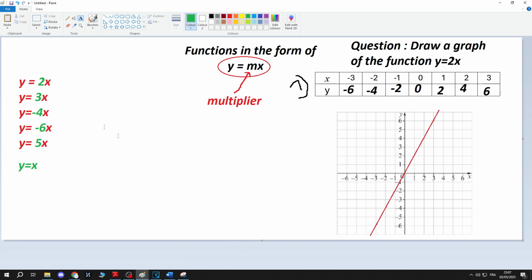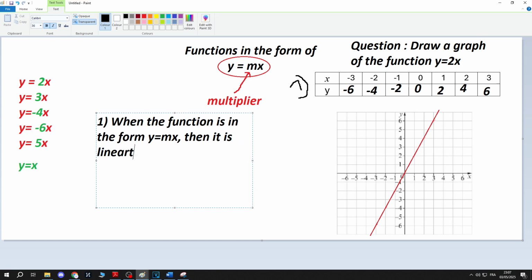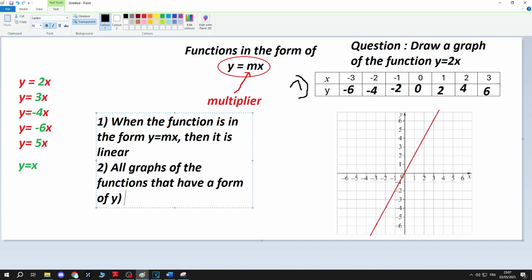So if there are certain things we know about y equals mx, it's these things. Let's start. Number one, when the function is in the form y equals mx, then it is linear. Number two, all graphs of the functions that have a form of y equals mx cross the point 0, 0.